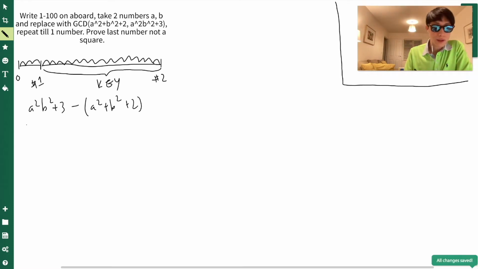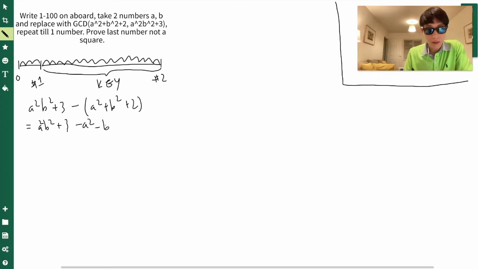And well, this is equal to a squared b squared plus 3 minus a squared minus b squared plus 2. Of course, this can cancel out into plus 1. And then we can factor out the a squared here to b squared minus 1.